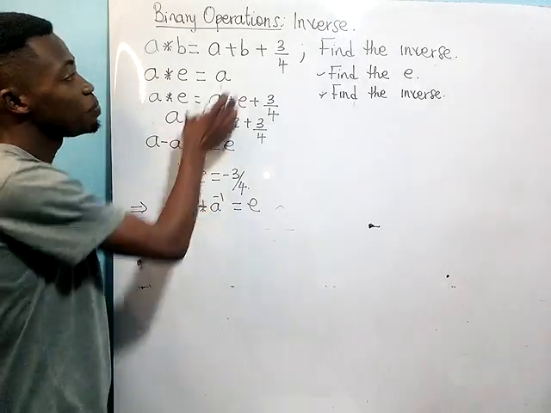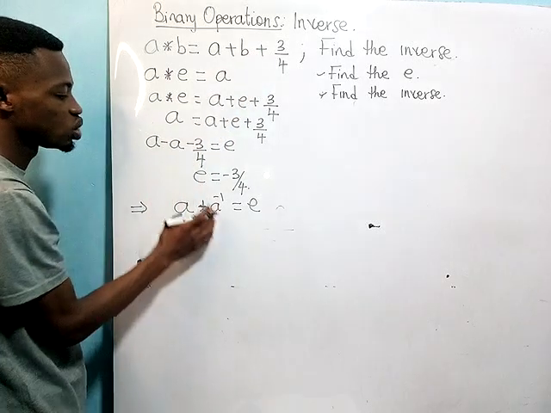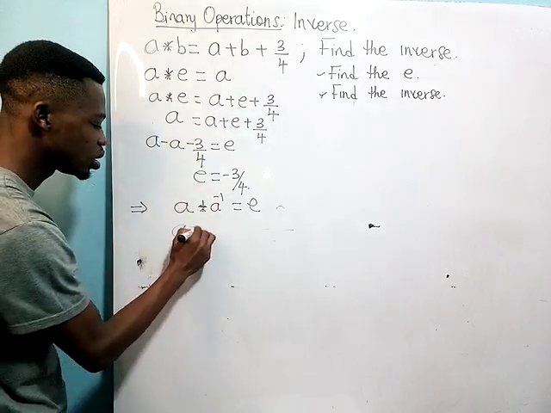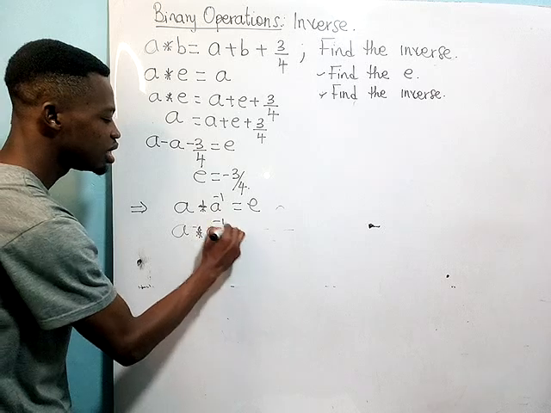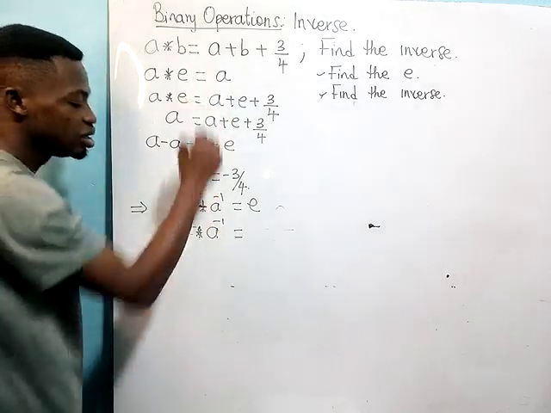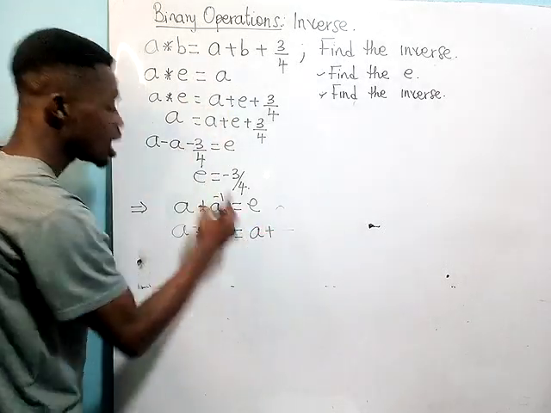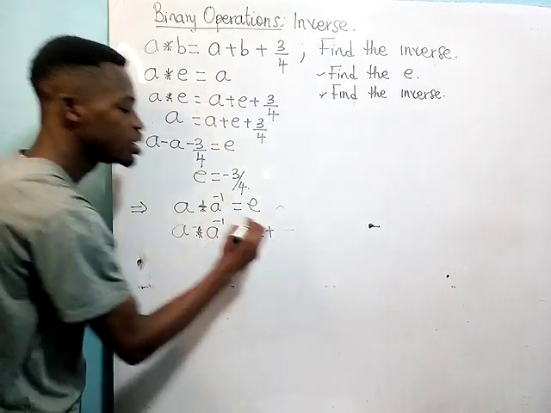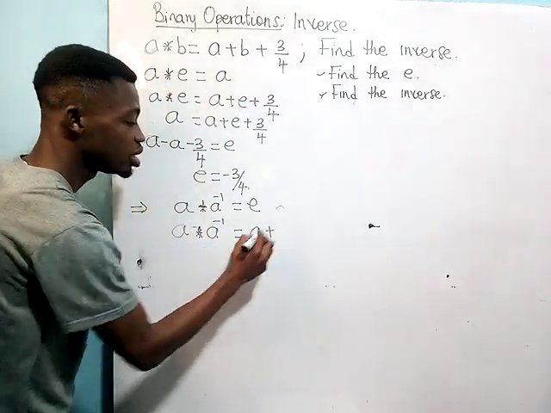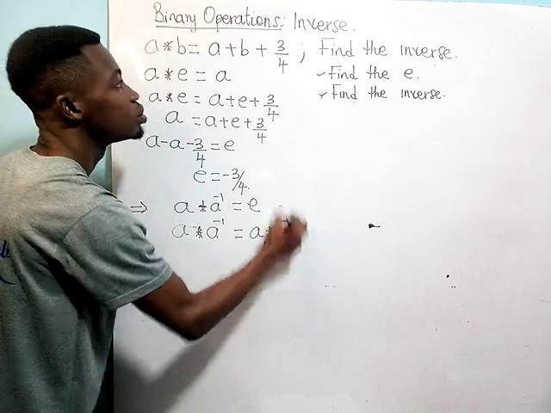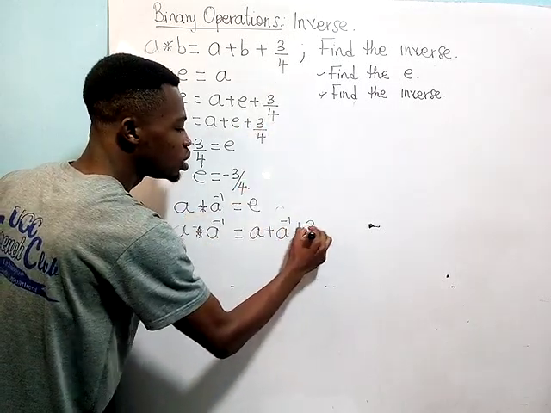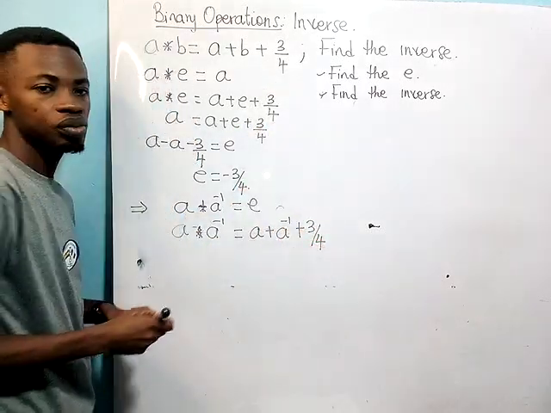Now we still apply the definition. So now we know that A operation its inverse, by the definition we have A, our B is now the inverse of A, then plus 3 on 4.